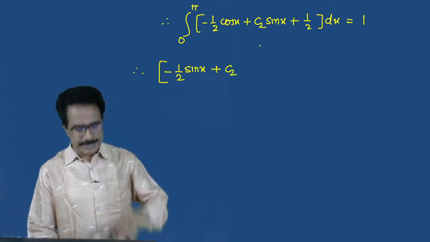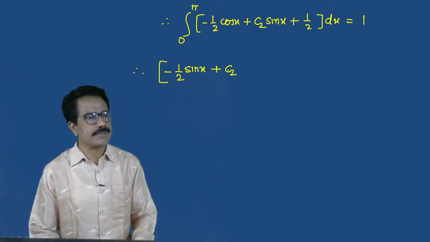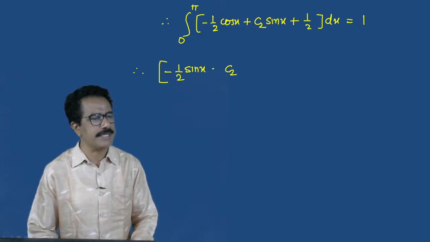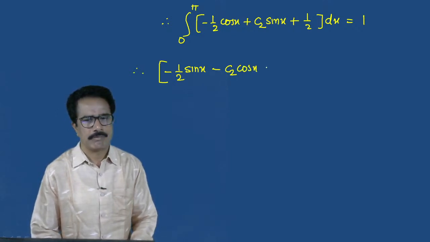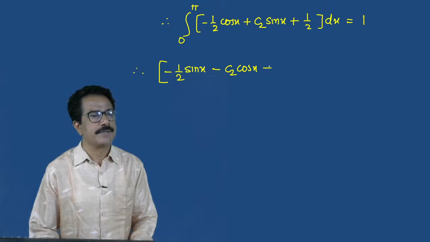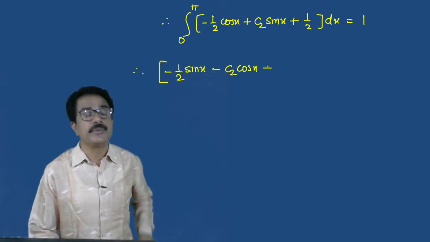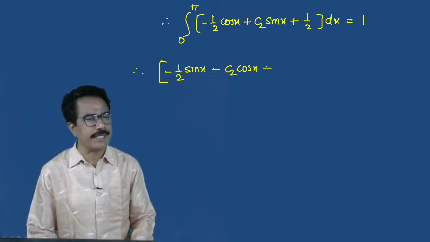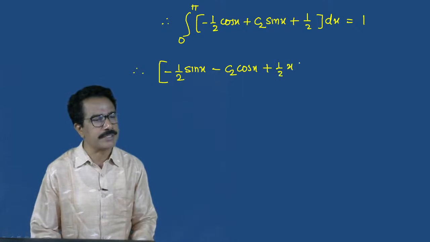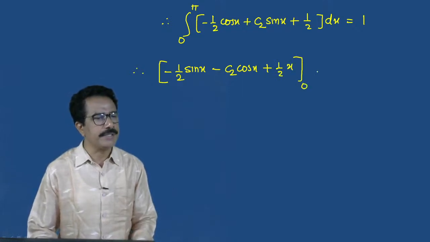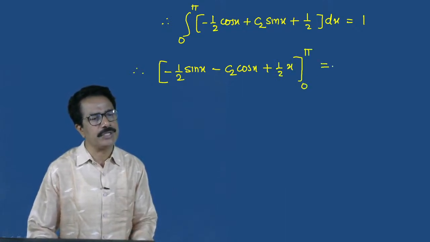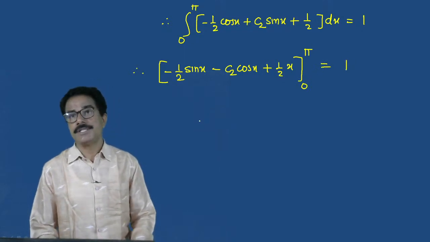Integration of sin x is again minus cos x, so we can write this minus here, plus integration of 1 by 2, which is a constant with respect to x, it will be 1 by 2 x over the limit 0 to pi, which is given by 1. Is it okay?